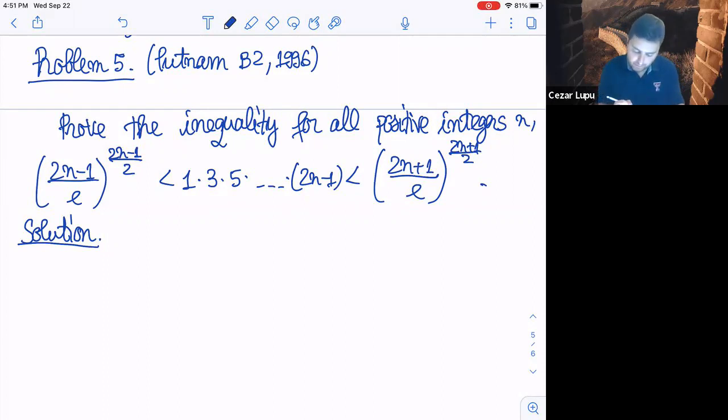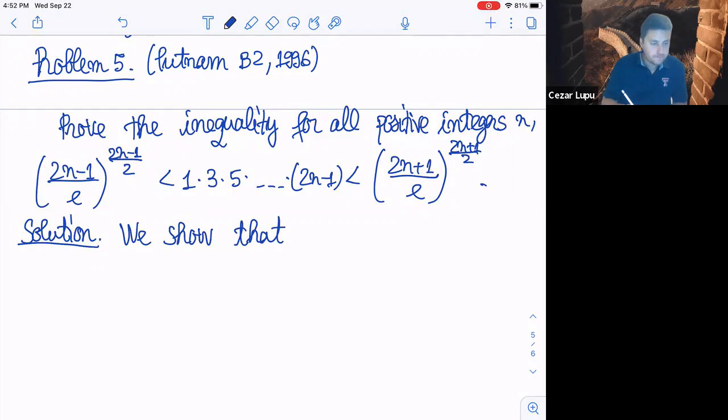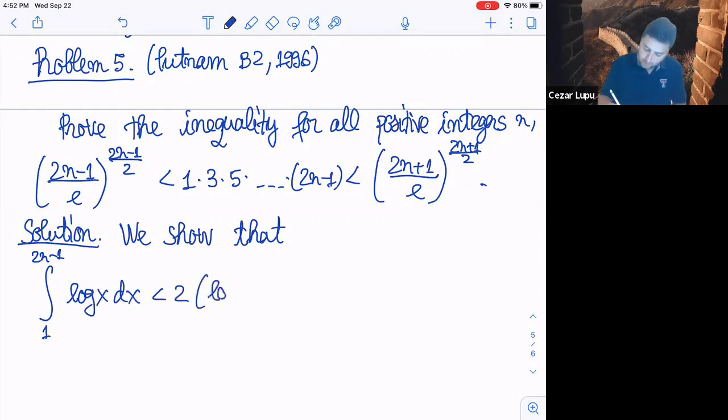We showed that the integral from 1 to 2n minus 1 of natural log of x dx is less than 2 log 3 plus 2 log 5 plus ... plus 2 log(2n minus 1).